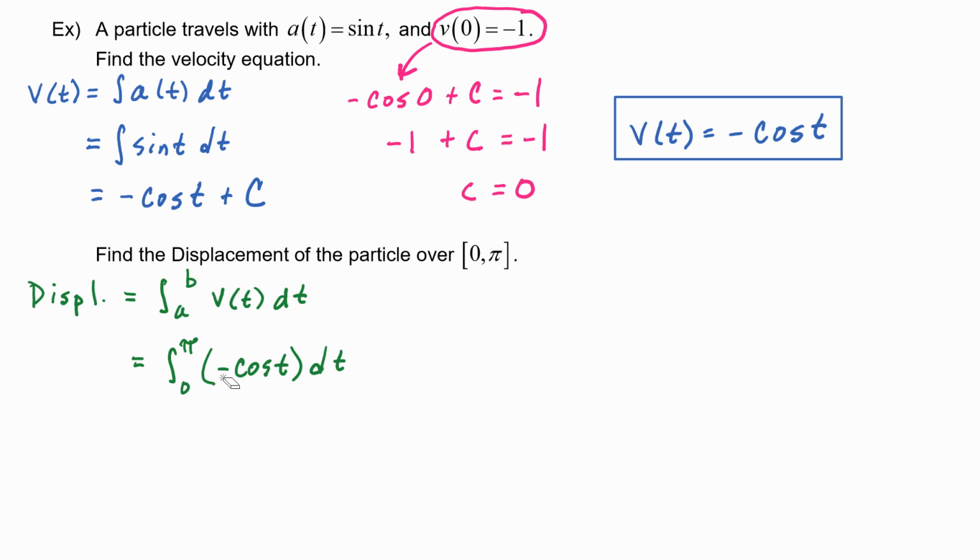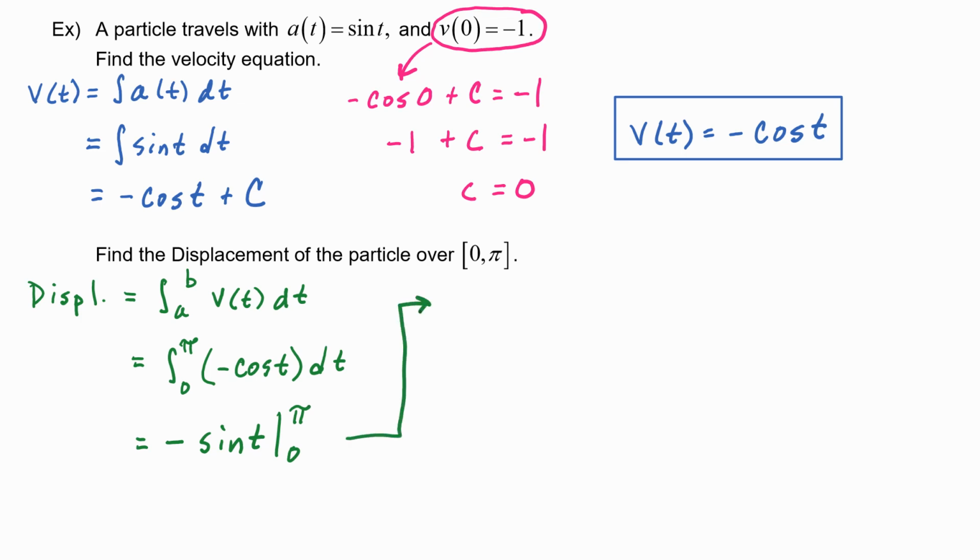Remember, with a constant of negative 1, we can take that out front, so this becomes negative, and the integral of cosine t dt is equal to sine of t, and because it's a definite integral, we don't add plus c. We have to evaluate from 0 to pi.